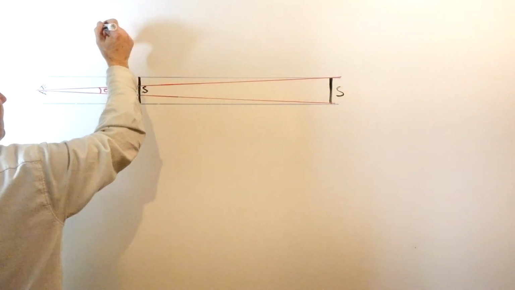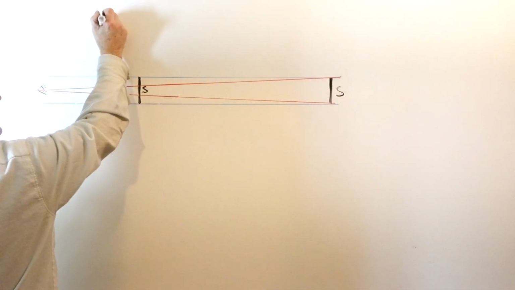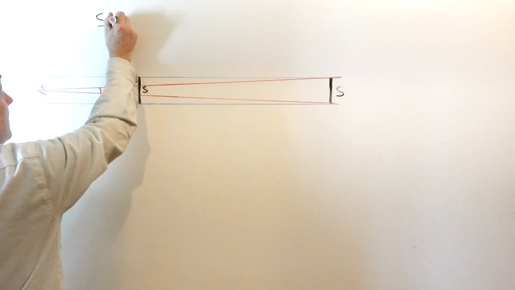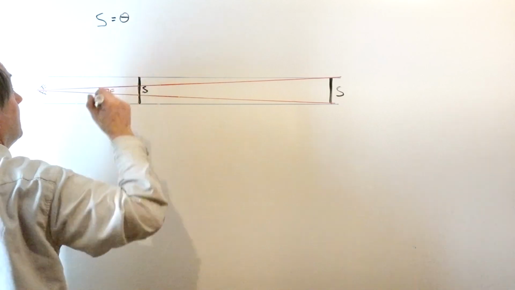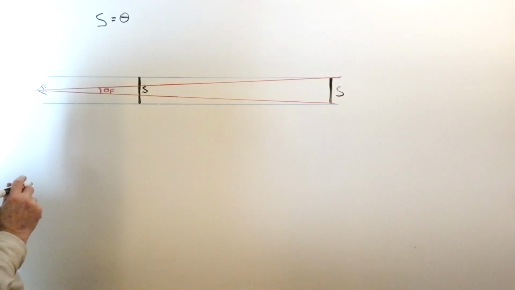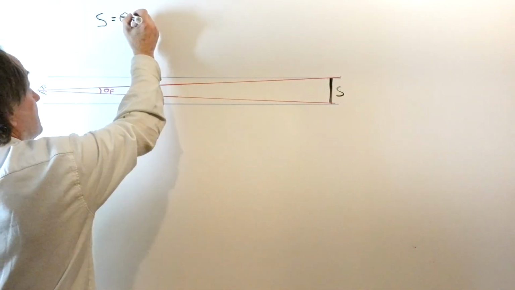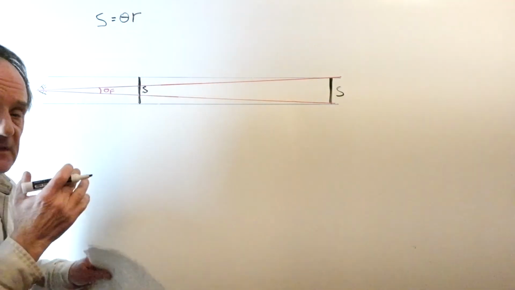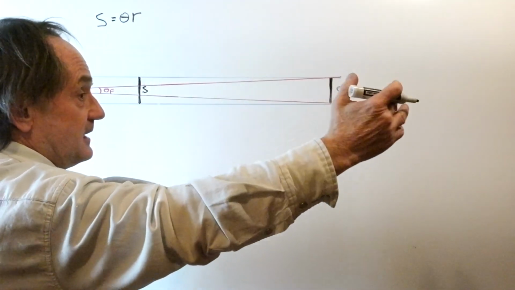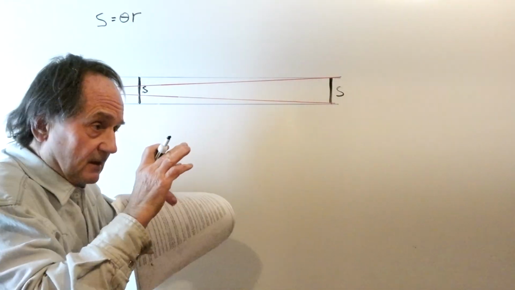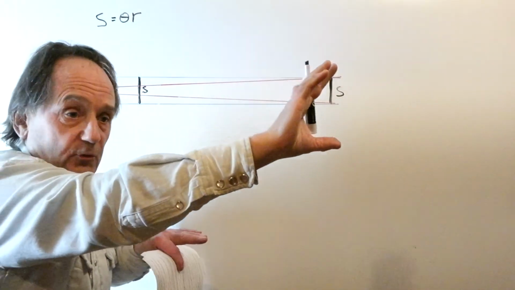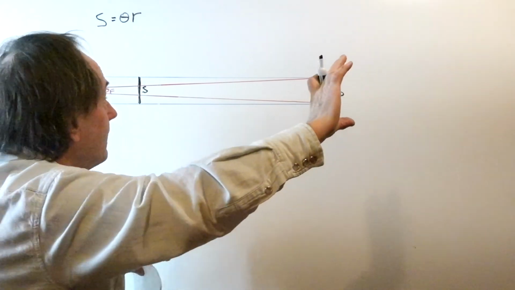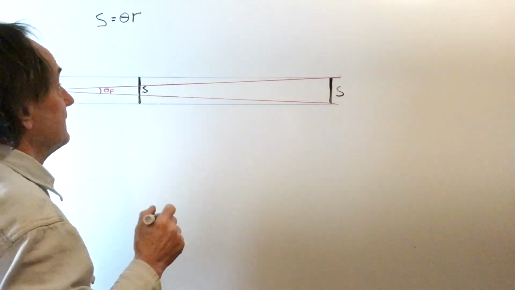Now, remember the relationship between subtended arc length and the angle that subtends that arc length: S equals R theta, where R is the distance from the vertex of the angle out to the arc length that's being subtended.